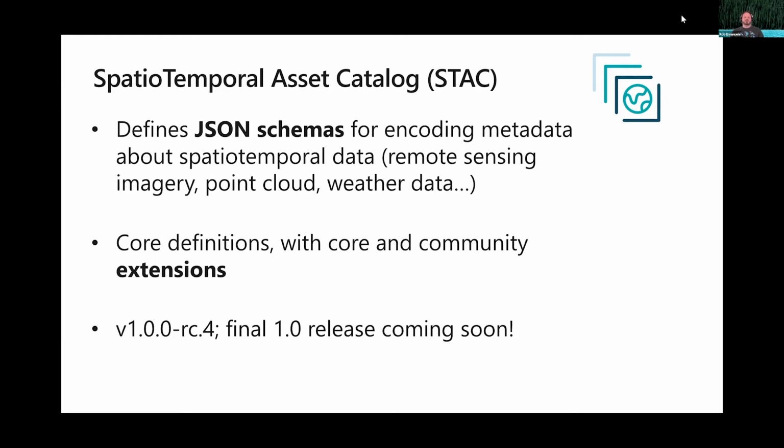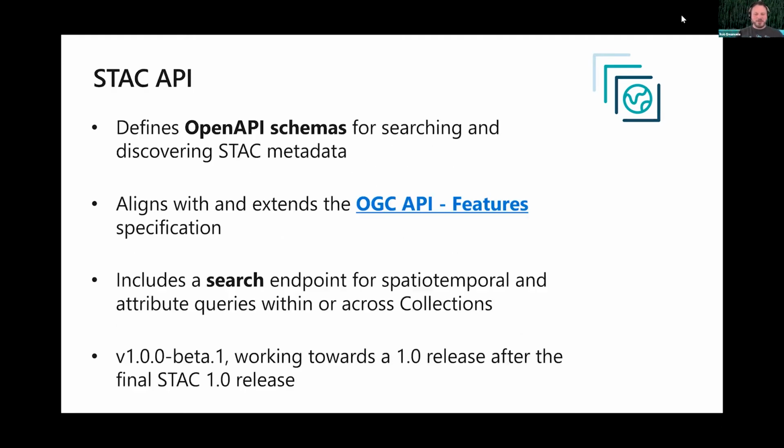The value of STAC is really the extensions that add schemas to specify data types for specific data formats or domains. And we're really close to a 1.0 release. We're in release candidate 4. So if you have any final comments on STAC, get them in before we release.